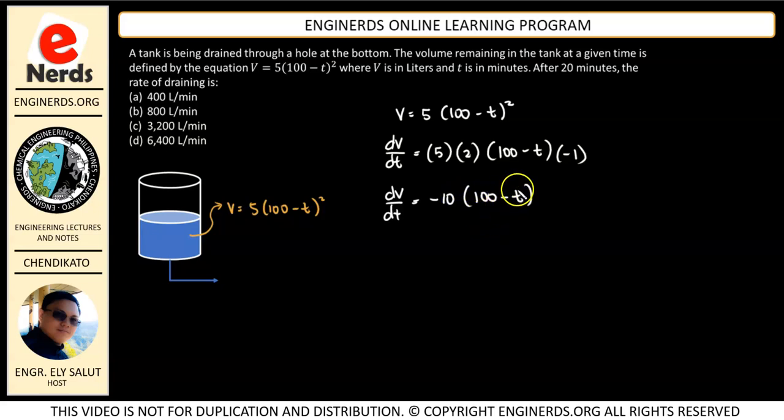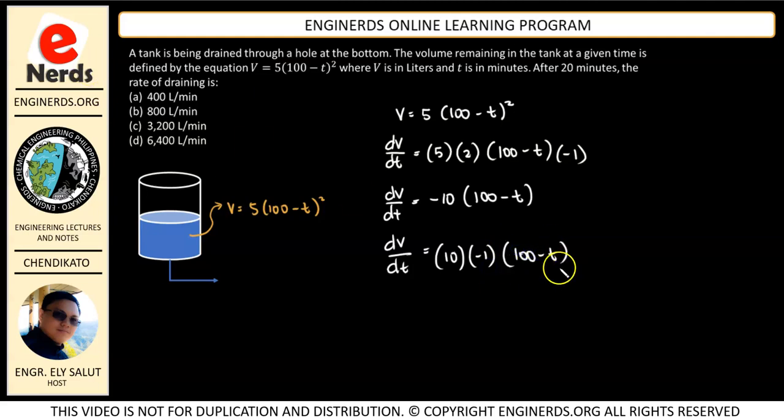But in my case, I would like to put T sa front ng ating terms, no? So I will multiply this by negative 1, no? So we will have dV over dt is equal to, okay, so what I'm going to do is that this negative 10 will be 10 times negative 1, 100 minus T. This is not necessary, no?